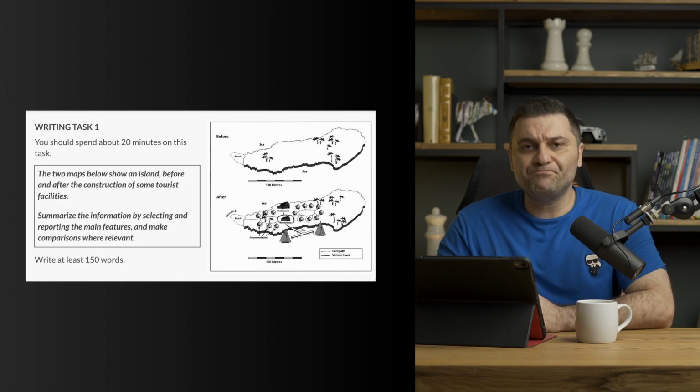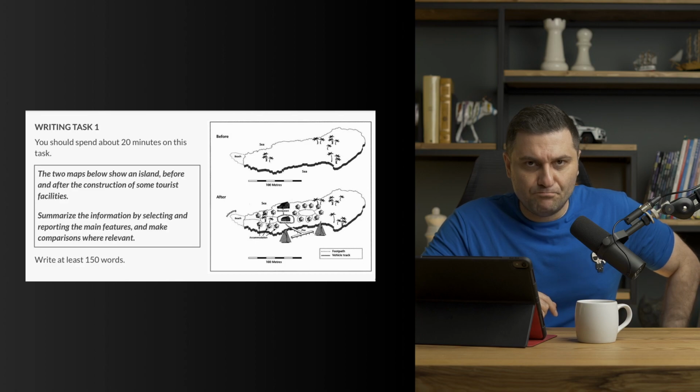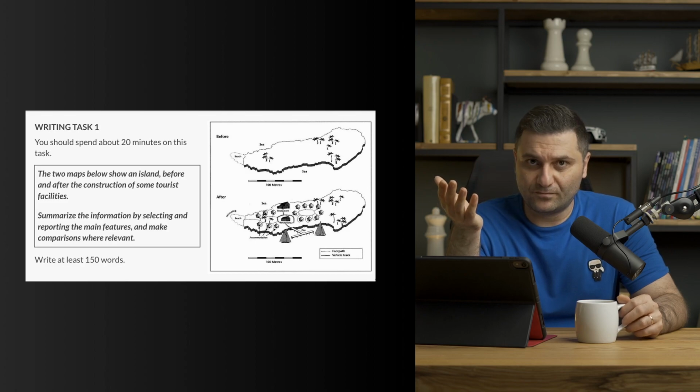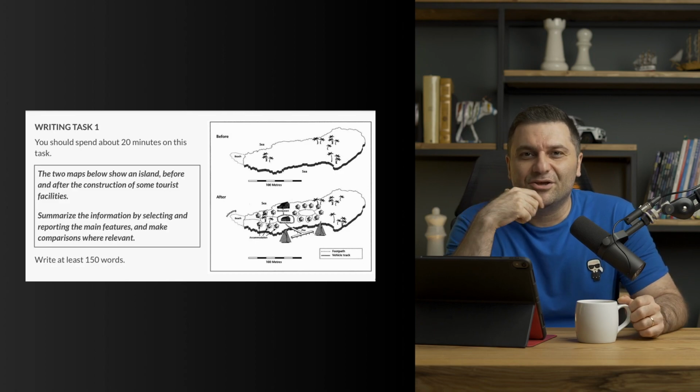And mostly in Task 1 Academic, bar graphs and line graphs are more common. And maps, rarely you'll be given maps or processes.